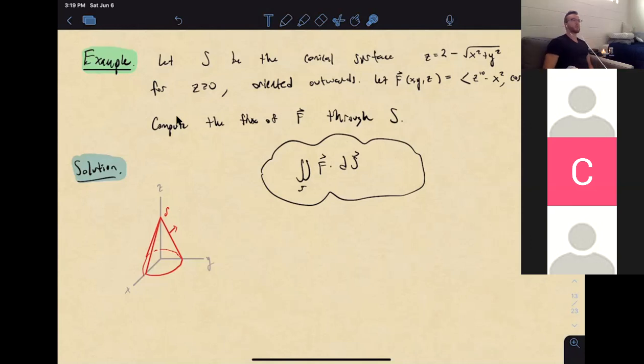So if you ever get to the point where you're doing a problem and you're like, okay, now I need to find the vector potential, that's a red flag. That means that probably you want to be doing something else, because finding a vector potential in general is very difficult.